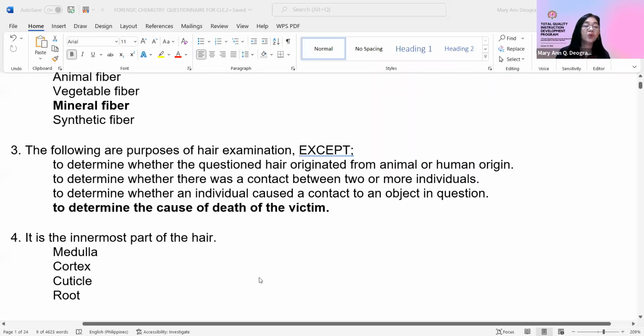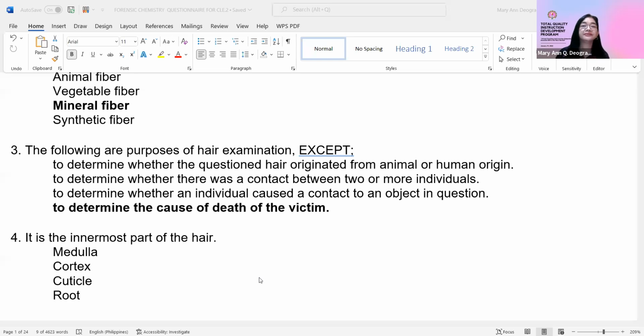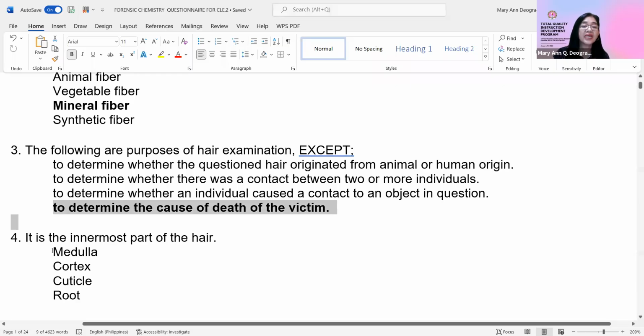Number 4: which of the following is the innermost part of the hair? Is it the medulla, the cortex, the cuticle, or the root? Inner. Okay, it is the medulla. It is in the center, the central canal of the hair. The root is the part which is embedded.